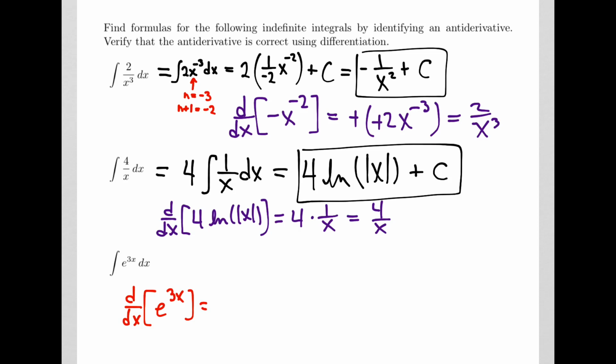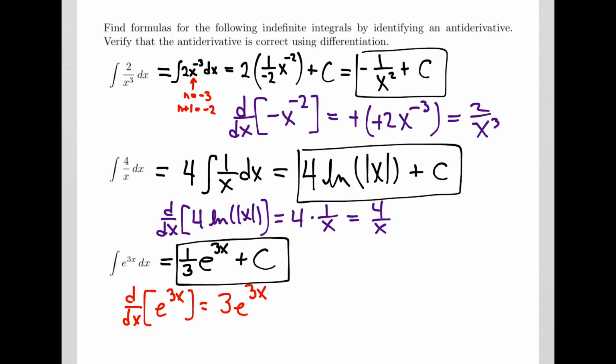We get e to the 3x times the derivative of 3x, which is 3, and this function doesn't have the 3. And we can fix that by getting 1/3. So we should have 1/3 e to the 3x plus c. This is our claim.